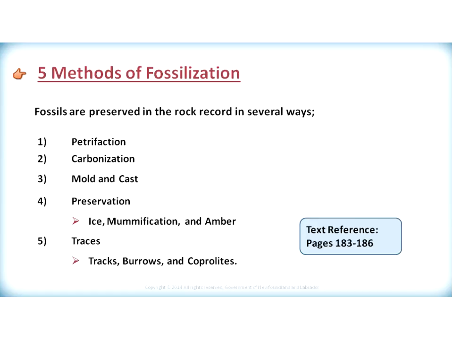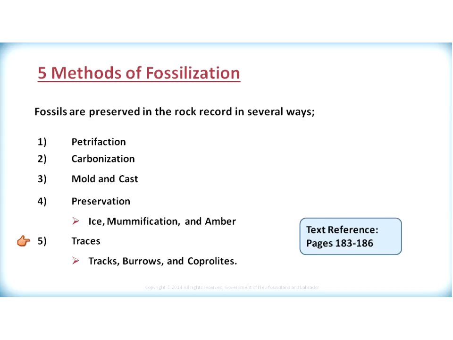There are 5 main methods for fossilization, and fossils can be preserved in the rock record in several ways. The first method of fossilization includes petrifaction, a second, carbonization, a third, mold and cast, a fourth, preservation, such as freezing in ice, mummification, and preservation in amber.